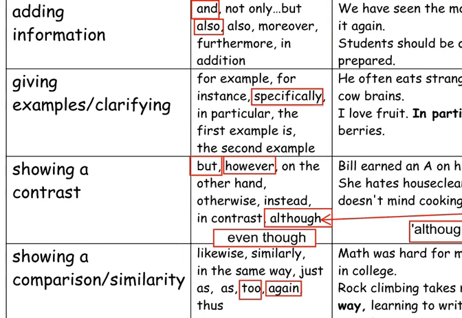So there is a partial contrast here, something unexpected. If you study, then normally you should pass. But sometimes people study and they do not pass. So we use these words although, even though, to show an unexpected result or a partial contrast.